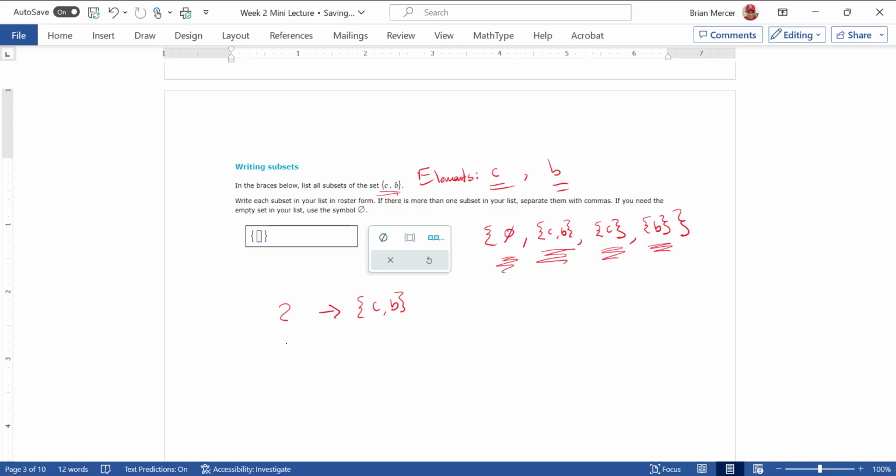So then you go down to subsets containing 1 element. Notice there were 2 of those, the one containing C and the one containing B. And then you go down to subsets containing no elements.